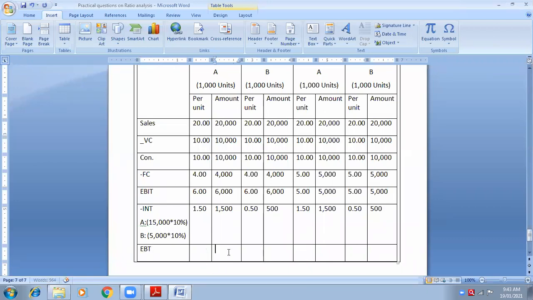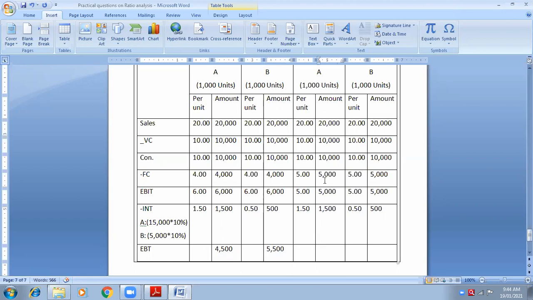EBT. So in the first situation for plan A, what is your EBIT less interest? 4,500. How did you find 4,500? 6,000 minus 1,500. Very good. EBIT less interest: 6,000 minus 500 in situation 1 plan B, so it would be 5,500.